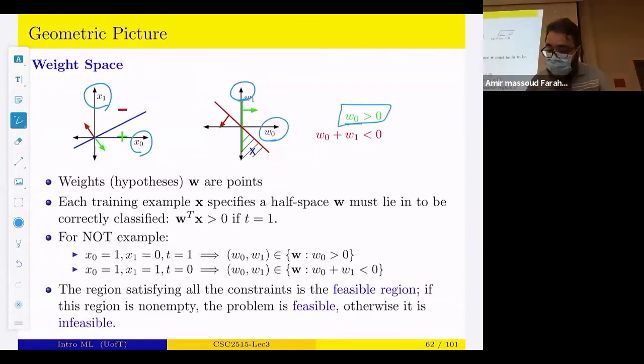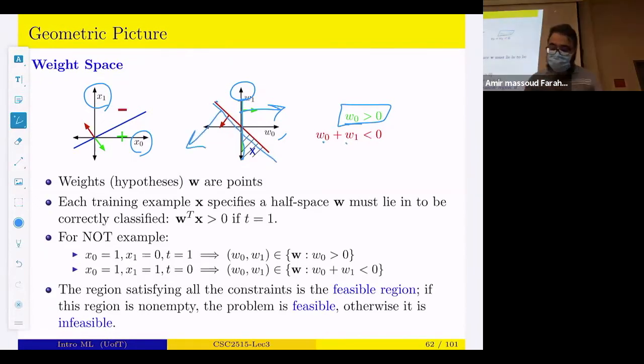W0 being positive is this green region, which is defined by this region, right? And then we have W0 plus W1 being negative, which is defined by this line here.